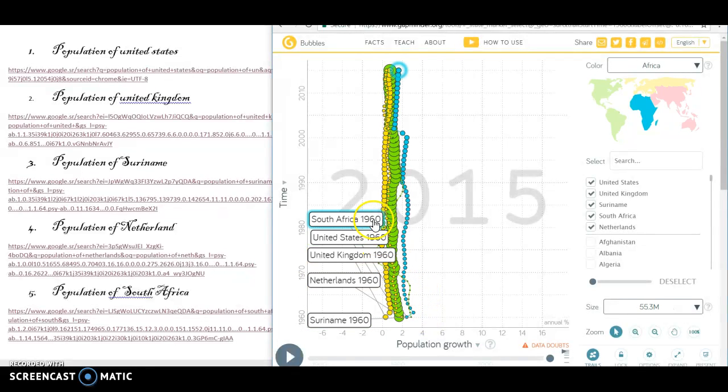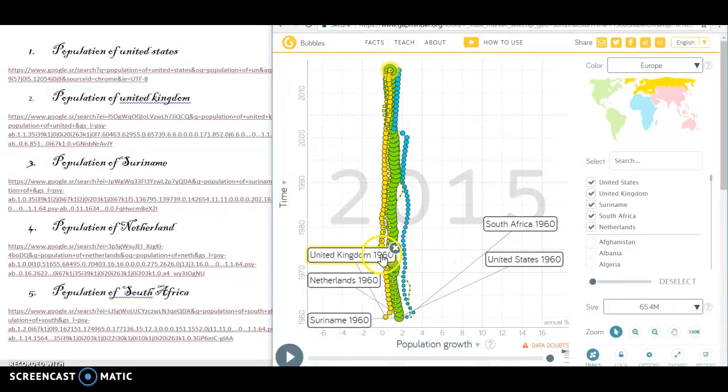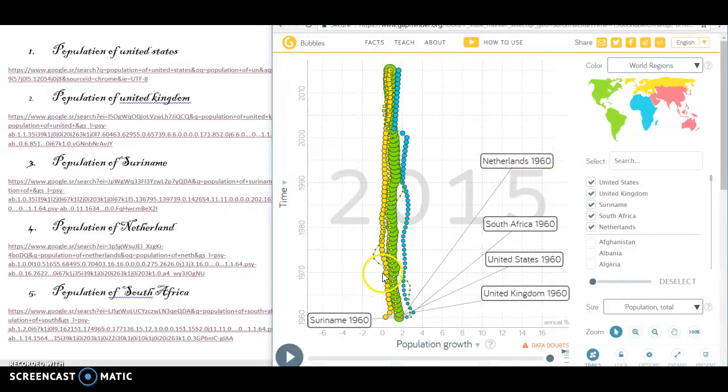If you see these lines of Suriname, this is the small one here. You can see it began here, and maybe we had too much death, illness, and then it grew, and it stayed steady for a while, and then it grew.